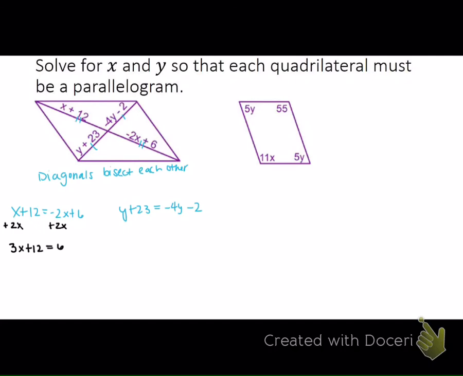Did I write those correctly? It's not 3x plus 12, it's just x plus 12. I know, but I just added 2x over. But did I do it right? Yes, I did. Okay. Just making sure because it was going to be a negative number. It's okay that x is a negative number as long as it doesn't make the length negative.